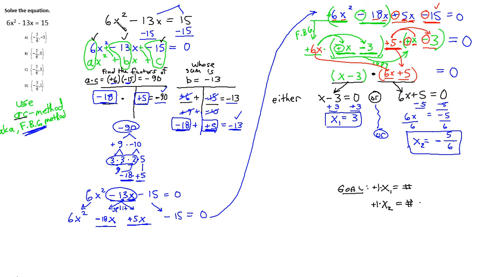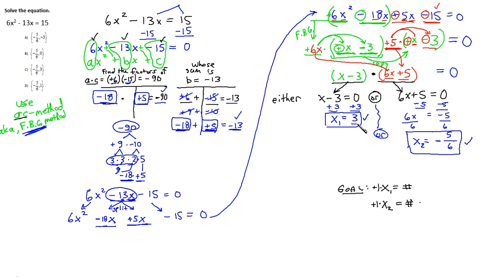If I put a 3 in for x, we'd square it and then multiply by 6, then subtract the product of 13 and 3, and we're going to find that that makes 15 equals 15. That would check this solution. Then if we were to put negative 5/6 in for x squared and for x and simplify it, we'll find that that also produces a 15 on the left, which would be 15 equals 15 and true. I'll leave that check step up to you.